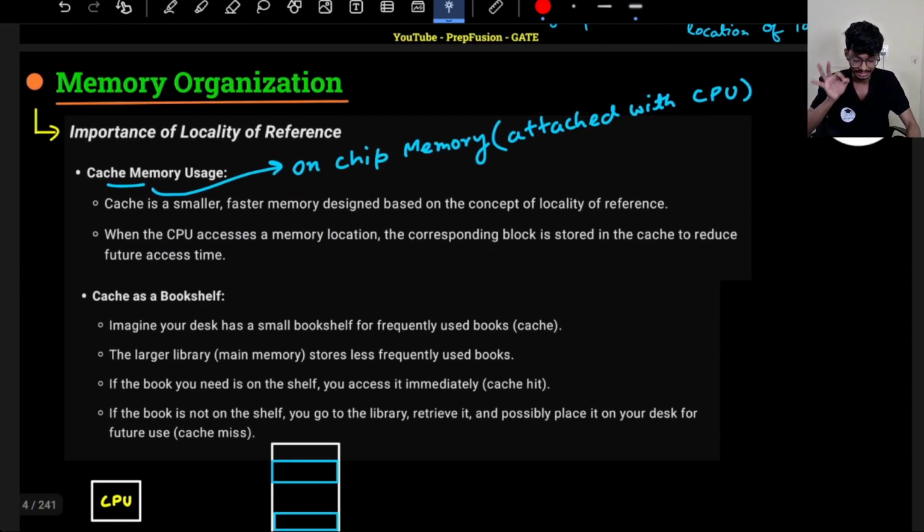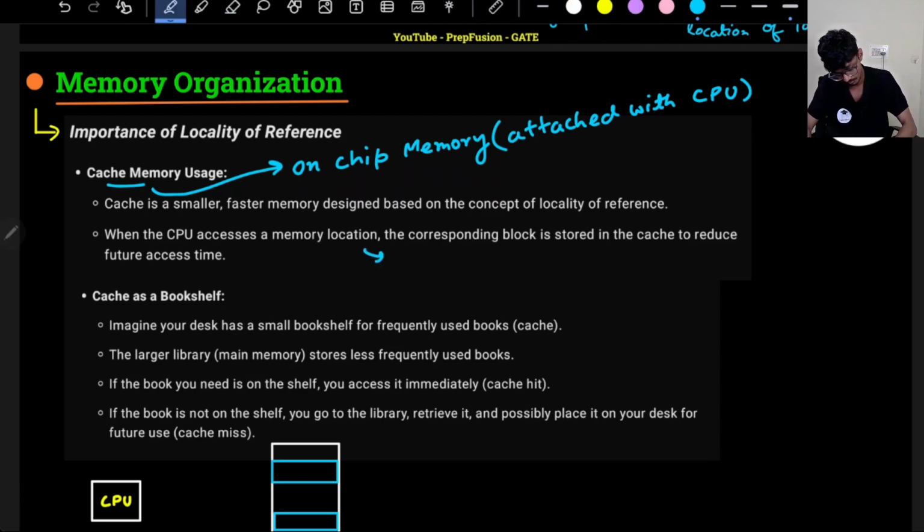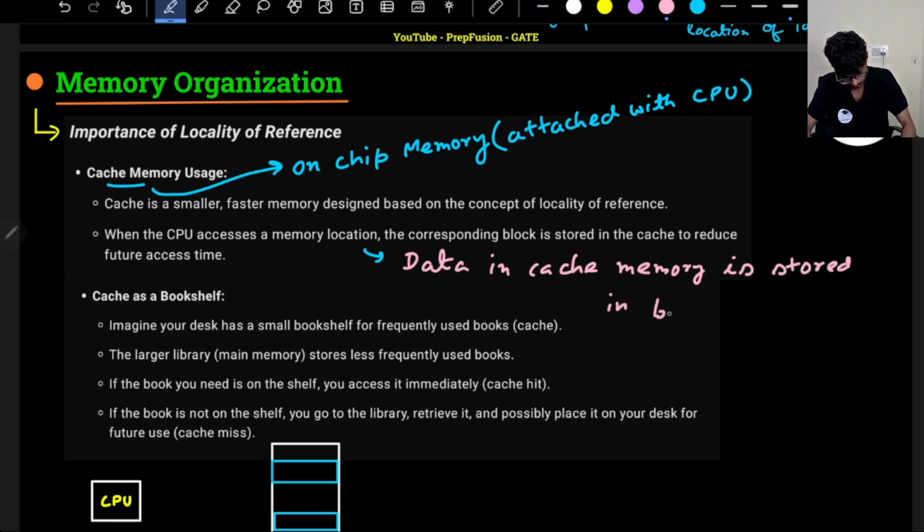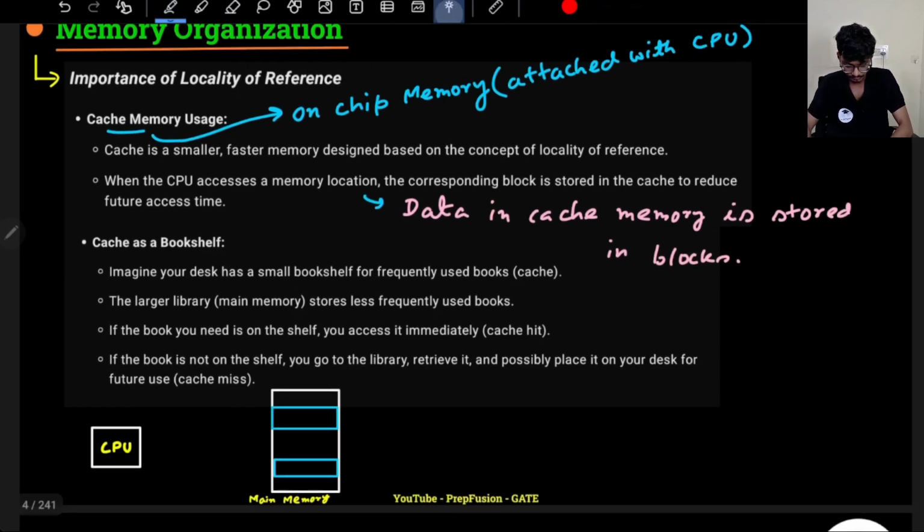So data in cache memory is stored in blocks.